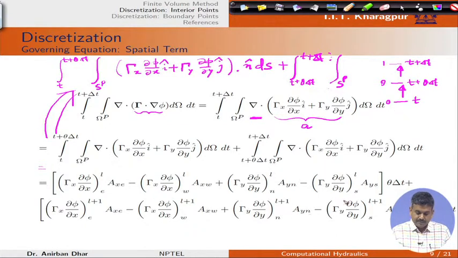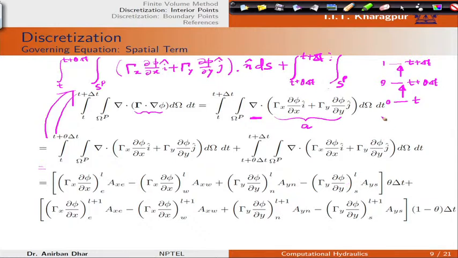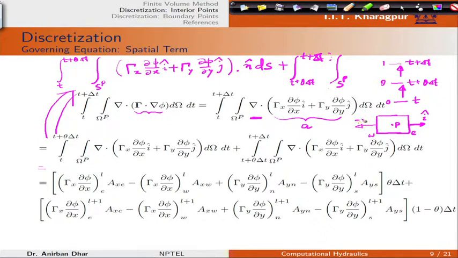Outward positive means, if we consider our cell P, in the east face the outward positive normal is in the direction positive i. In our west face we have the negative i direction, north face I have positive j, and south face I have negative j. So, these are the directions for outward normal.